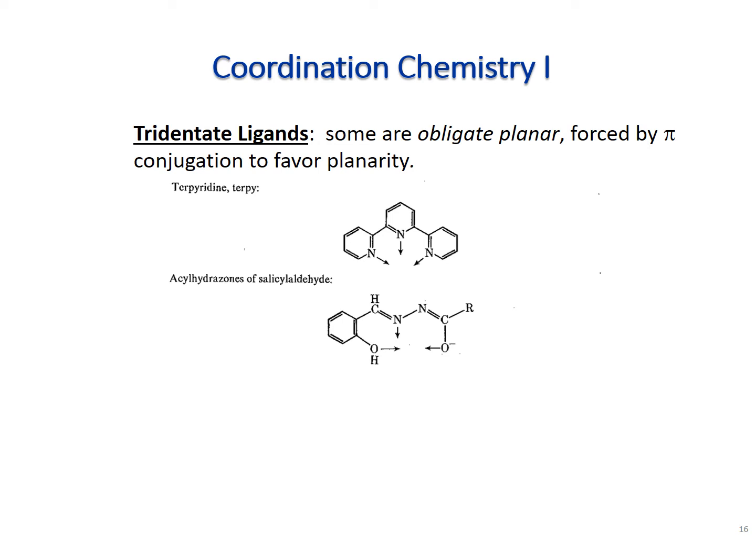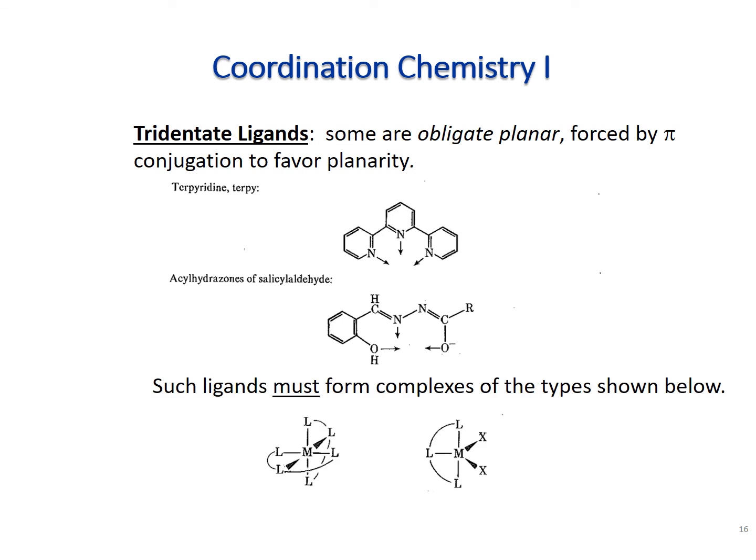So there's times where these ligands can force a particular geometry, for example. So this is how you could write those. L is just generically ligand. The lines connecting the L's on the ligand are just showing that there is some sort of macro structure that is holding those together.